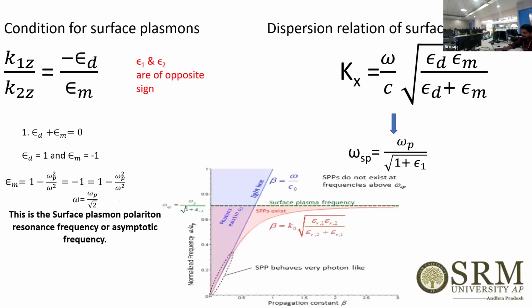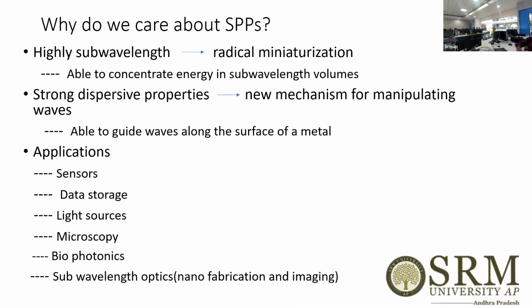So why do we care about SPPs? These are the most important advantages which we are projecting here, because surface plasmon polaritons are highly subwavelength, and we can design subwavelength miniaturized structures by using the surface plasmon polariton concept.